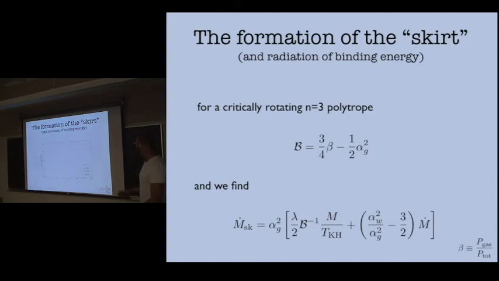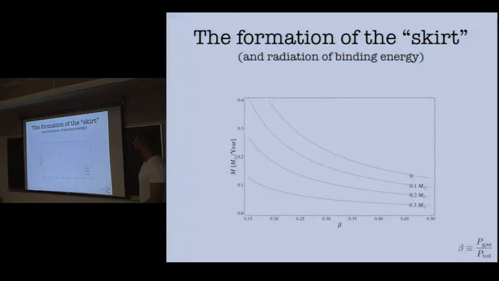And so if we plug in the parameters for eta Carinae, we find that the mass of the skirt is roughly 0.1 solar masses. Now note that this plot starts from beta between 0.15 and 0.5, and the reason for that is that for the hydrodynamical instabilities to occur, radiation pressure must dominate over the mechanical pressure, and beyond 0.15 a star can be stable, so it's meaningless to discuss anyway.